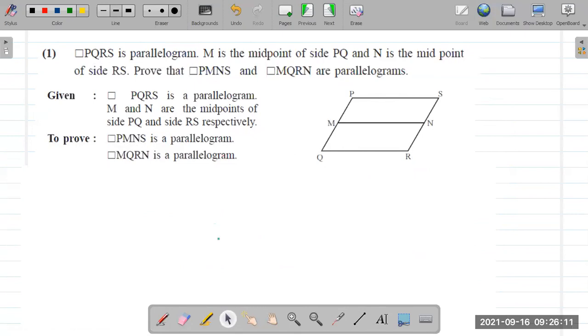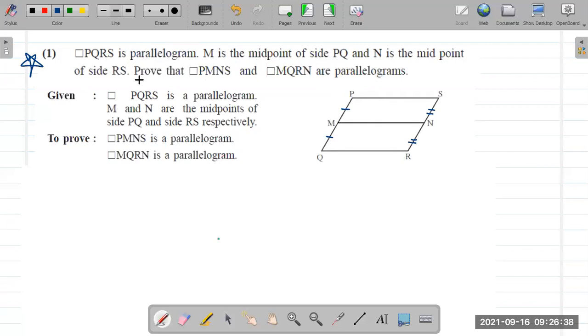Now, be very attentive because this is a very standard proof and it has been asked in exams many times. So M is the midpoint of PQ, so PM is equal to MQ. N is the midpoint of side RS, so NS is equal to NR.